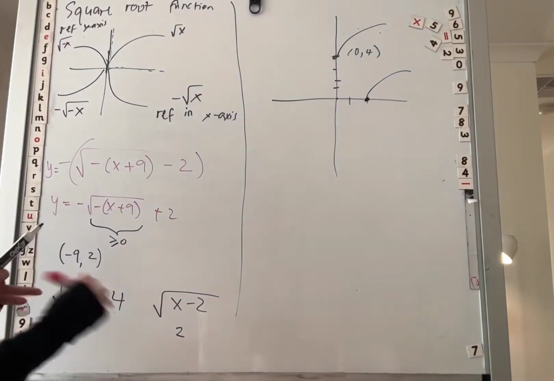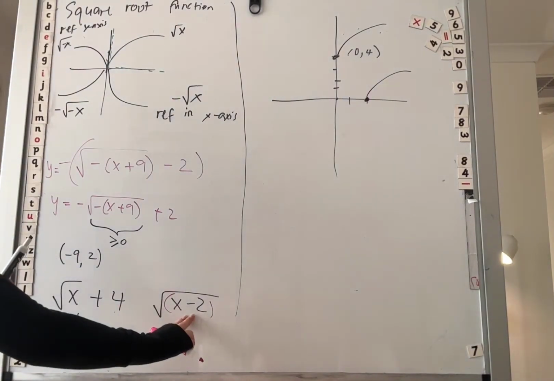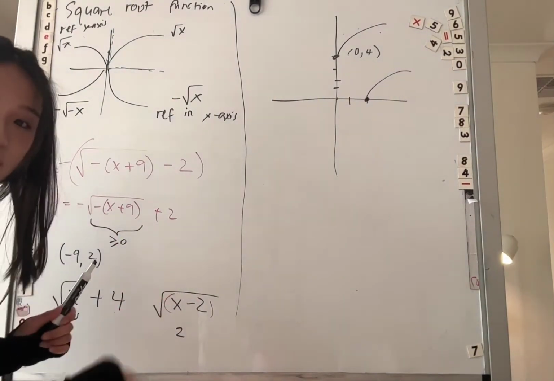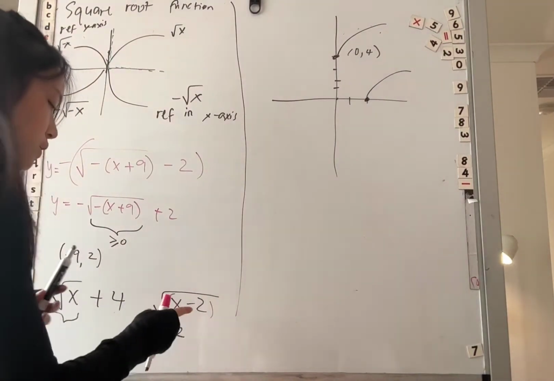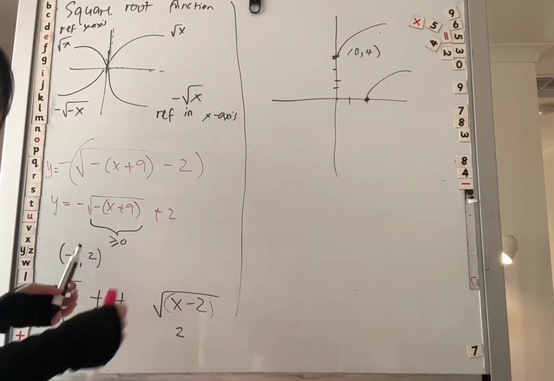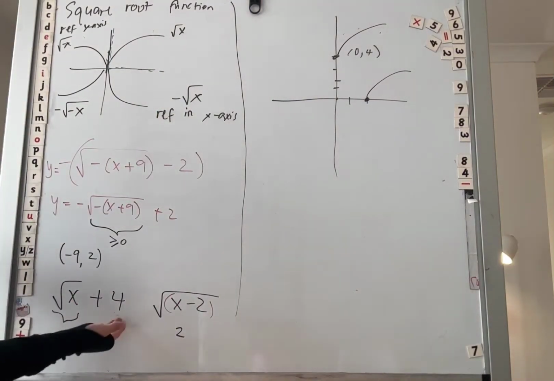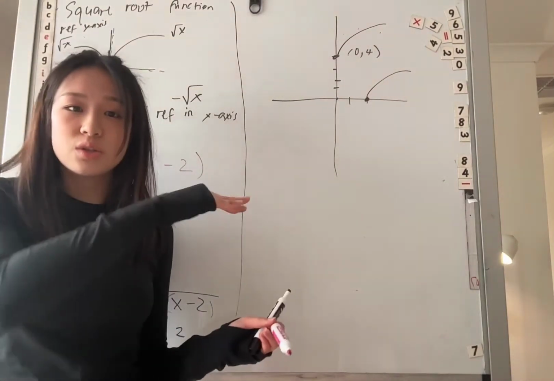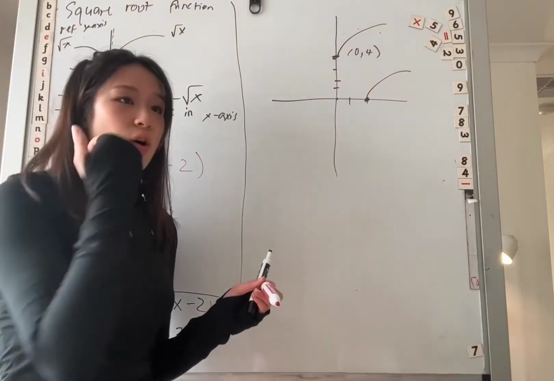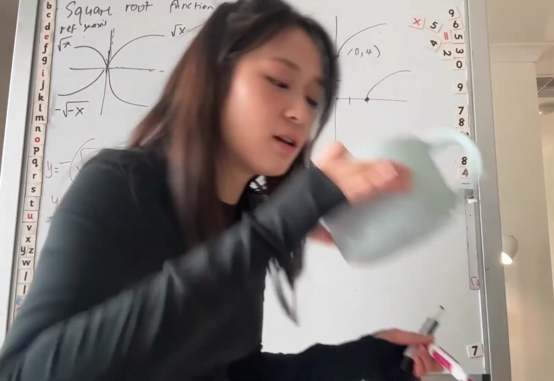Or other people would like to think of this as translations, right? You can just see when it's inside the function, I like to think of it, okay, I need to do the opposite, null factor law. So this shows me that is a translation 2 units to the right in the x-axis. And then this one is just translate 4 units up. So when you're dealing with translation along the horizontal, it's going to be the opposite, or use null factor law to be able to help you sort that out, okay?